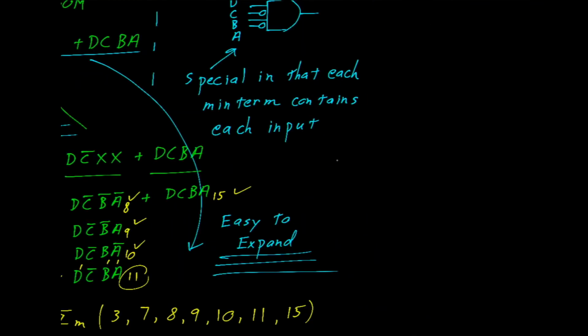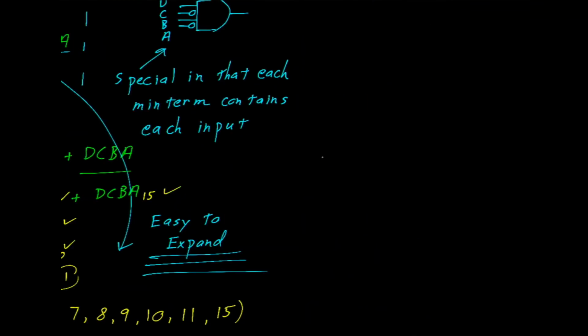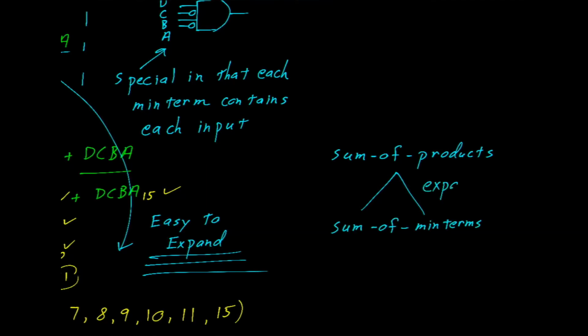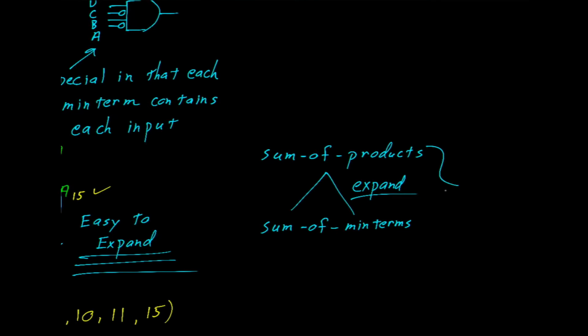This is an important concept, so let's write this one more time. We start with a sum of products, which is expanded to a sum of minterms equation, something we would go so far as to describe as easy.